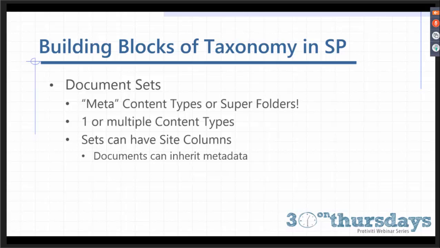And then the documents that you put into this folder can actually automatically inherit some of that metadata. So if you have maybe a client ID number that you want to give to a document set, anytime you upload something to that document set, say it's a contract, that client ID would automatically get inherited there. And then if you needed to search and do some refinement to find all of the documents related to that client, that would be much easier to do.